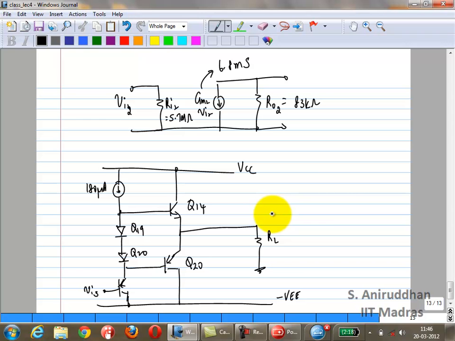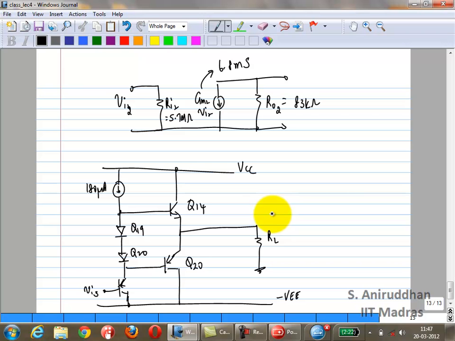So in reality, if you want to calculate, you need to know what RL is. And you really need to know the size. So in class we assume 3 times, but it actually depends on how many times you are going to make this. Just for ease of calculations, we did 3 times. In reality, the bias current may be much more because you may want to drive very large loads, right?